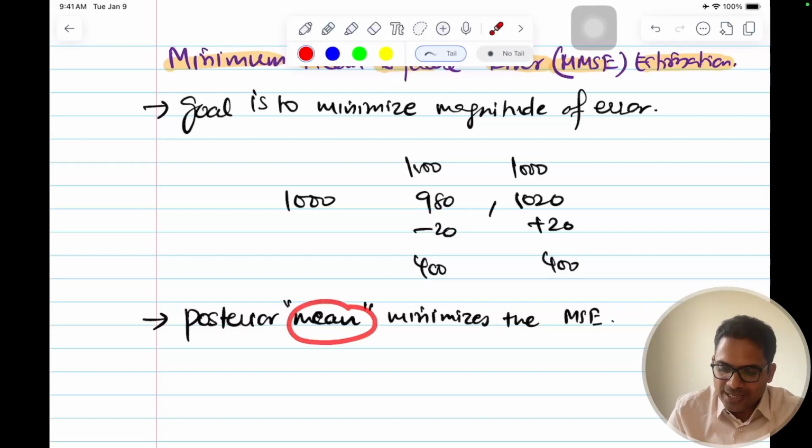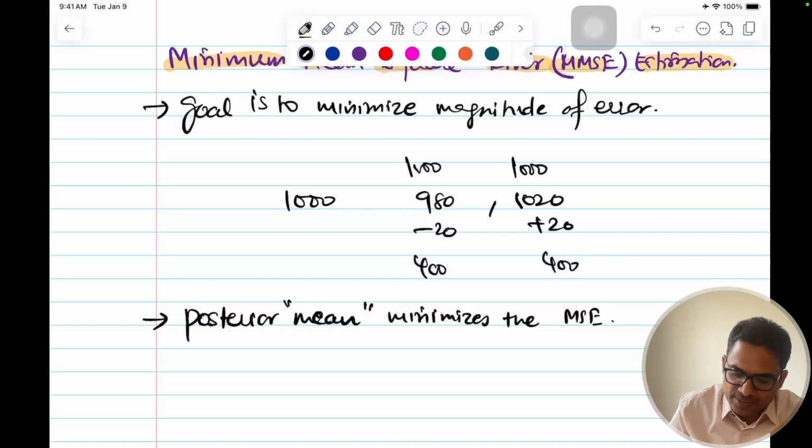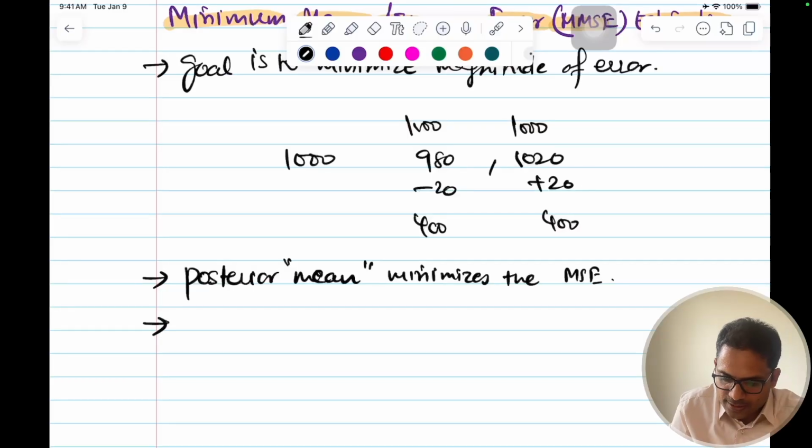So how do we calculate the mean? The mean is the expected value. So what is my task?